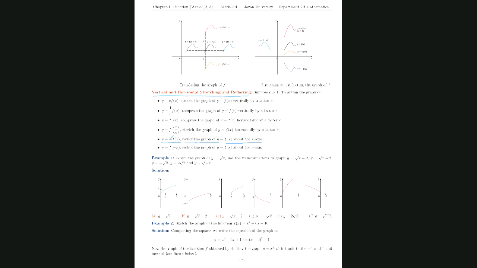Last lecture I told you, if minus square root of x is there, then the function goes downwards, reflects about the x-axis, right? And last lecture I told you, if minus x is inside, then the function reflects about the y-axis, okay, about the y-axis. So last lecture I explained this, right?